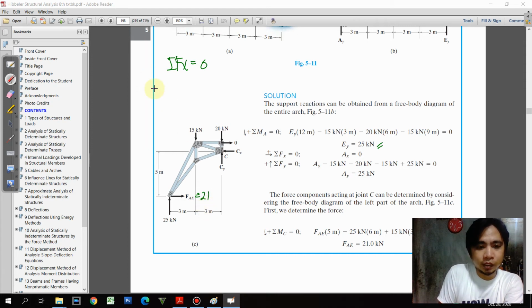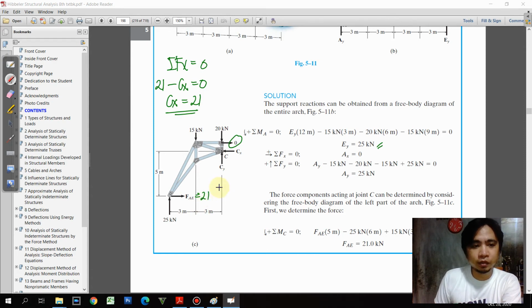So that is rightwards. We have 21 minus Cx equal to 0. So basically this is 0, so we do not need to include that. Therefore, Cx will just be equal to 21, same as FAE.